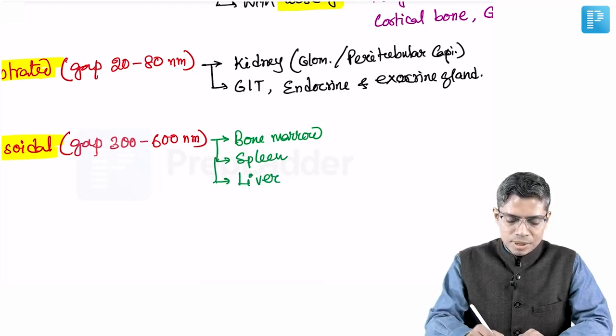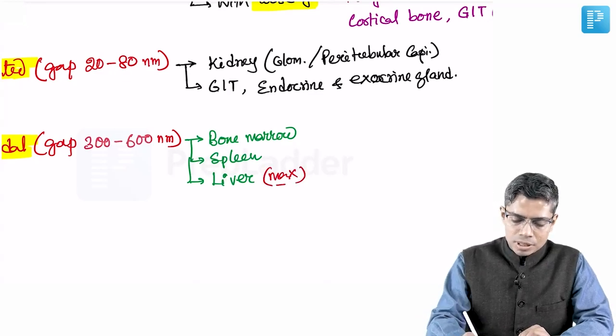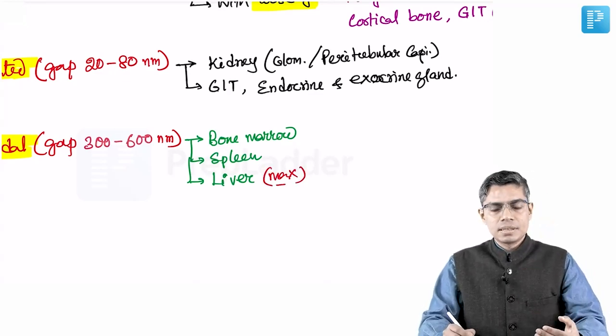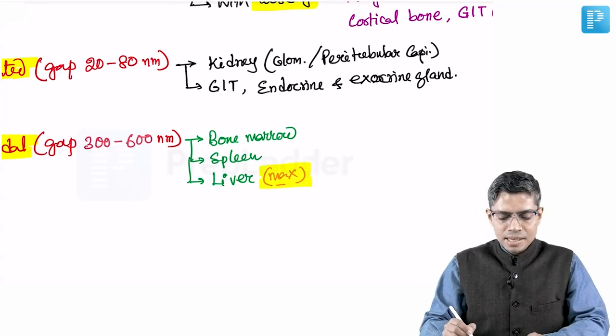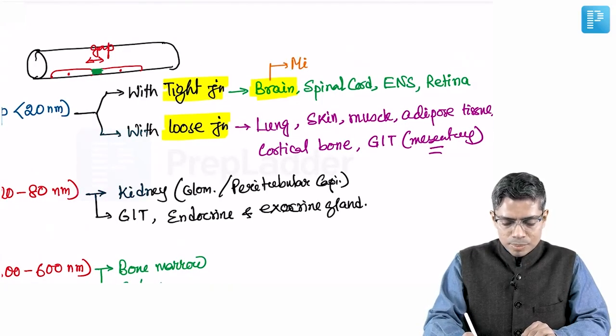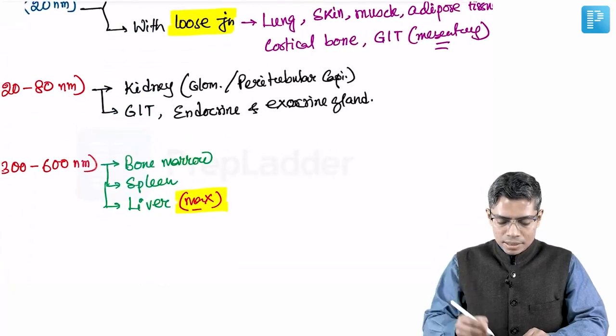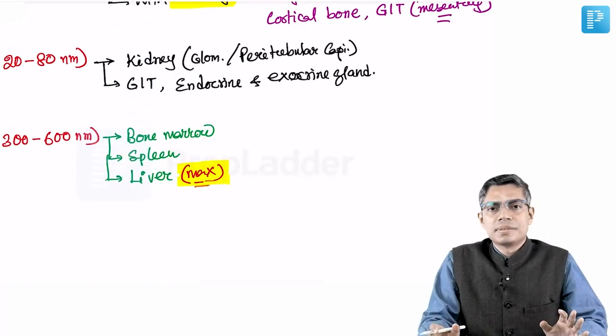The maximum gap is present at the level of liver. So if I ask you in which capillaries the gap between two endothelial cells is maximum, your answer is liver. And obviously, the minimum gap is present at the level of brain. So this is the most continuous type of capillary in our body, and the largest gap is present in the capillaries of the liver, right?